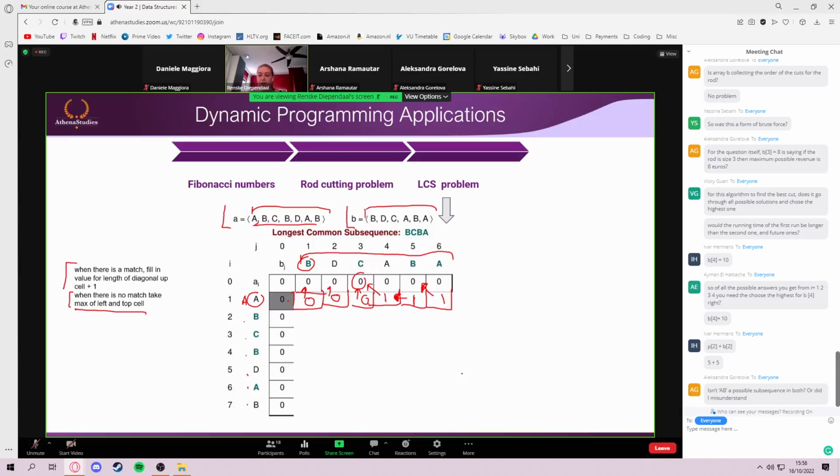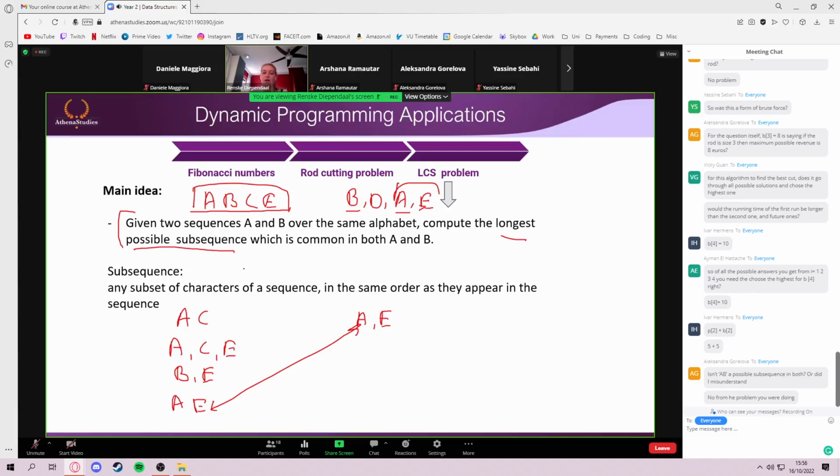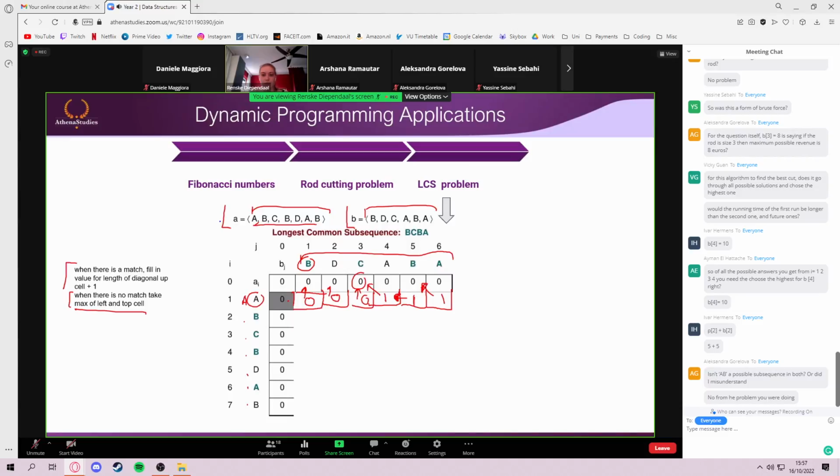Oh, sorry, I missed the question in the chat. Isn't A, B a possible subsequence in both, or did I misunderstand? In this case, the B is before the A, so the A, B is not in the same order, so this will not be a possible subsequence then. Oh, from the problem we are doing, sorry.